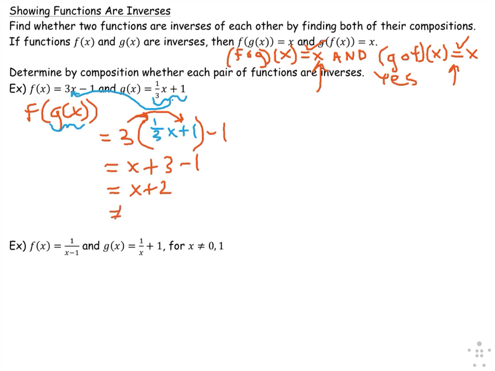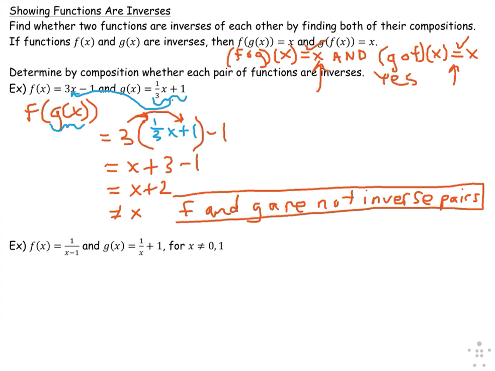As long as it's different than x, then our answer is no, f and g are not inverse pairs. You could just simply write no, and the fact that you showed that at least one of the compositions did not produce x means you've completed the full problem.